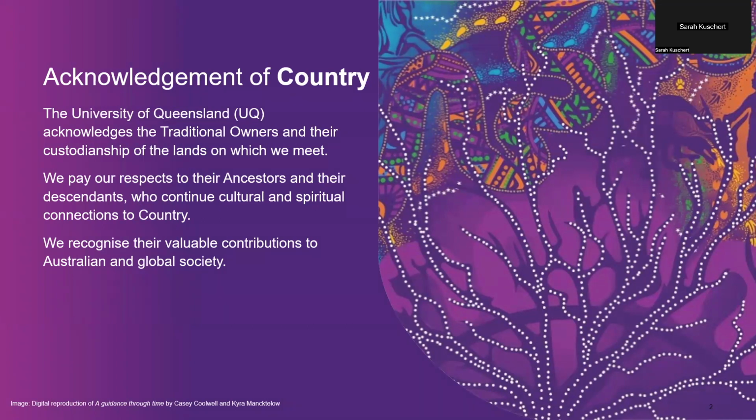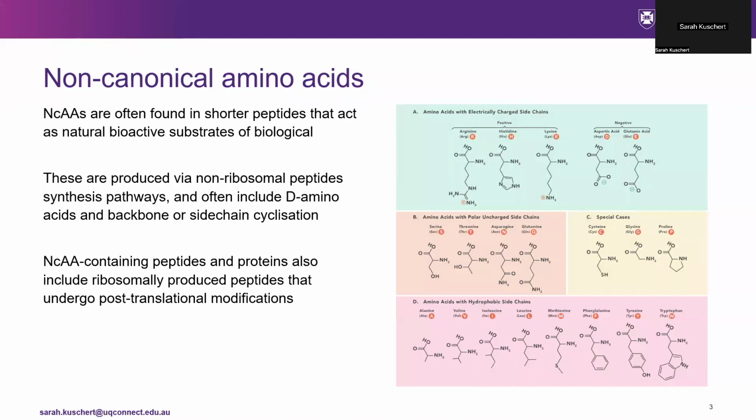Now, non-canonical amino acids are often found in shorter peptides that act as natural bioactive substrates of various biological processes. So NCAAs are extremely prevalent in various medicines. For example, a lot of antibiotics and immunosuppressants, a lot of, as I said, natural products.